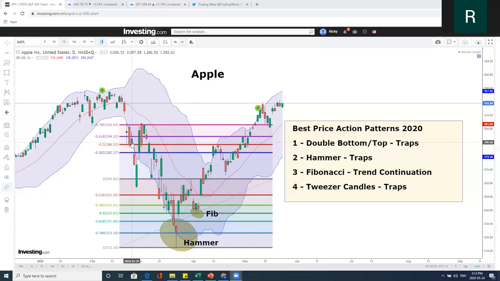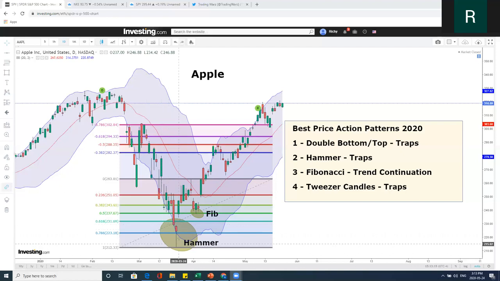And for each one of these price action patterns, I want to explain why it works and how to trade it. Okay. So for the hammer, if you haven't looked at my previous candlestick video, please take a look at that and I'll explain more about the psychology. But essentially, what it means is the market tried to push Apple lower. Short traders tried to push Apple lower.